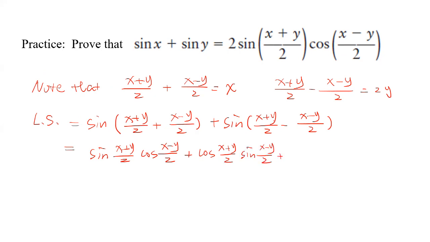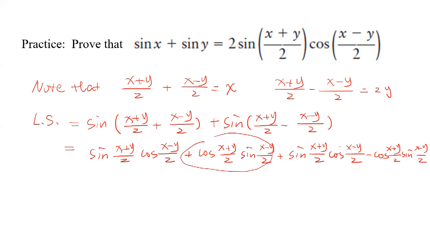And sine alpha minus beta is sine alpha cosine beta minus cosine alpha sine beta, right? And then we can cancel something. For example, we can cancel this term and this term, right?